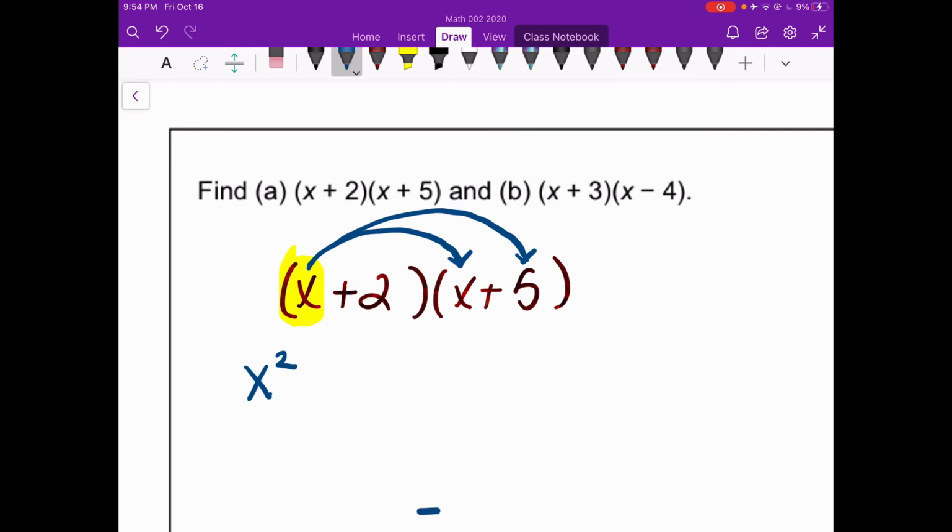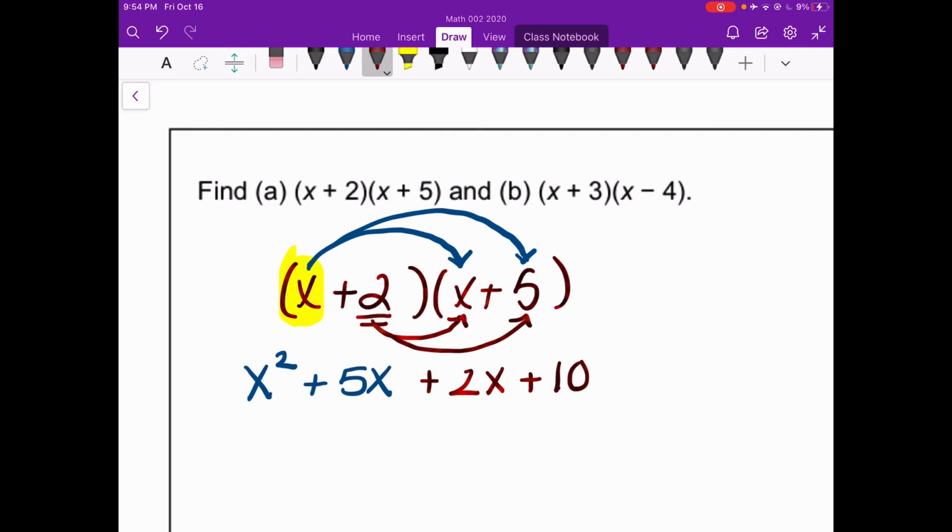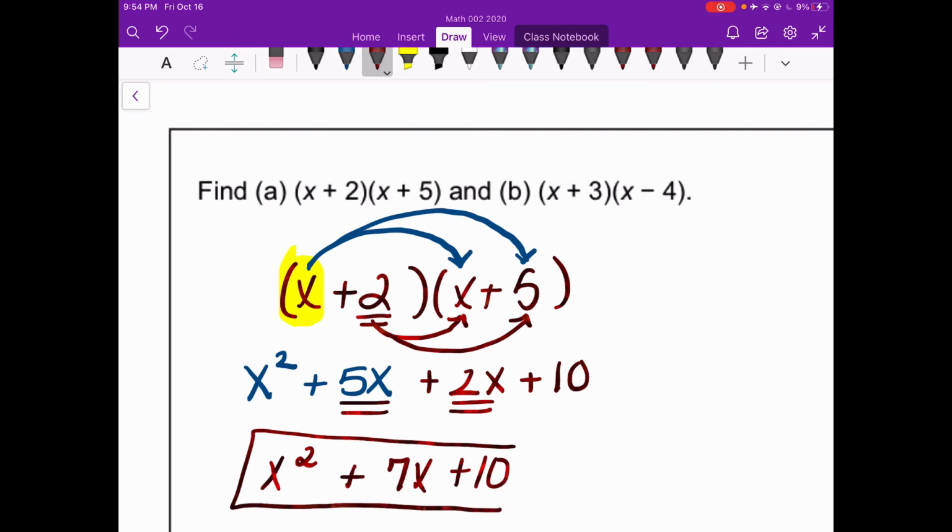X times 5 is 5x. Then you distribute the second guy to the next group. 2 times x is 2x. 2 times 5 is 10. I combine my like terms, which is 5x and 2x, and they add to 7x. And that's my final answer.